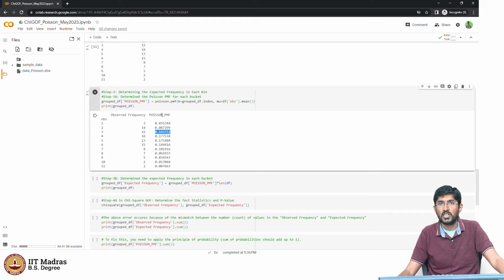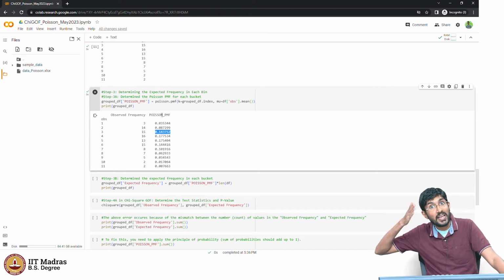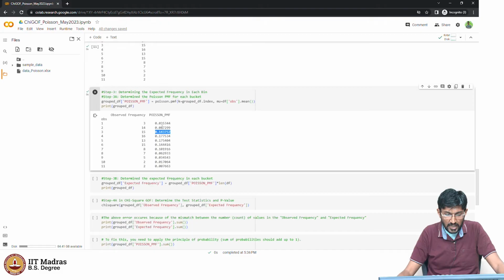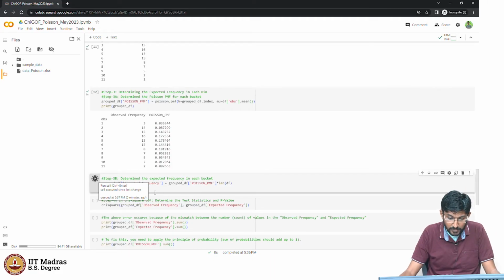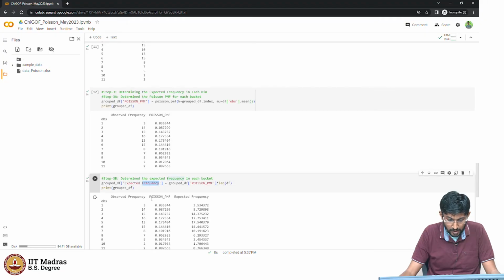Using this probability mass function, I need to compute the expected frequency, which is this probability times the total number of observations, 100. So the expected frequency is nothing but the PMF times 100.